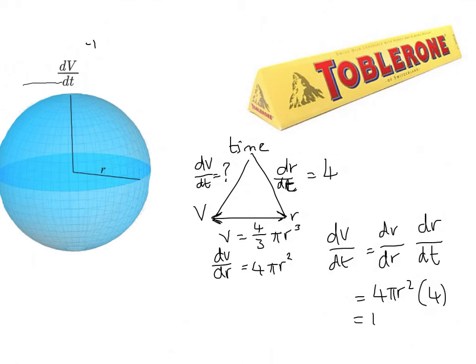So dV by dt, the rate of change of the volume at a certain time, is 16 pi r squared. So when r is 10, at that specific time, dV by dt will be 1,600 pi centimetres cubed per second.